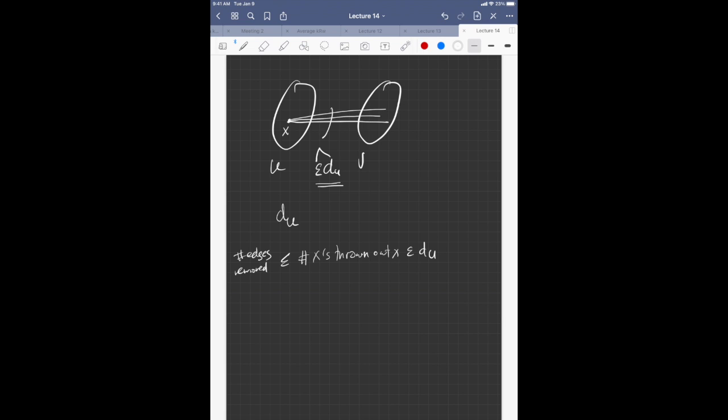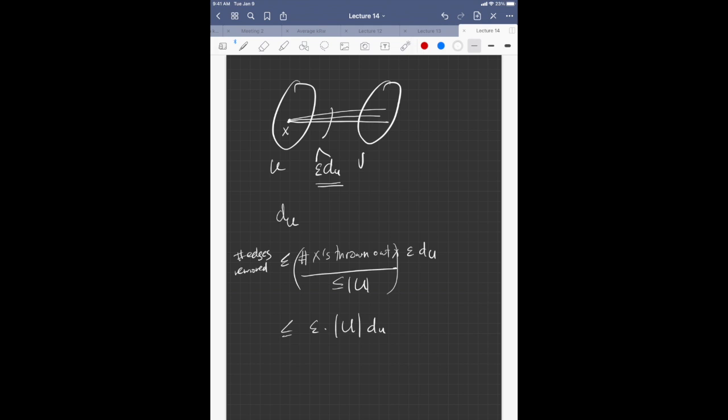But now we know that the number of x's thrown out cannot be more than the number of vertices on the left hand side, which is at most the cardinality of U. So this tells you that this is at most epsilon times |U| times d_U.